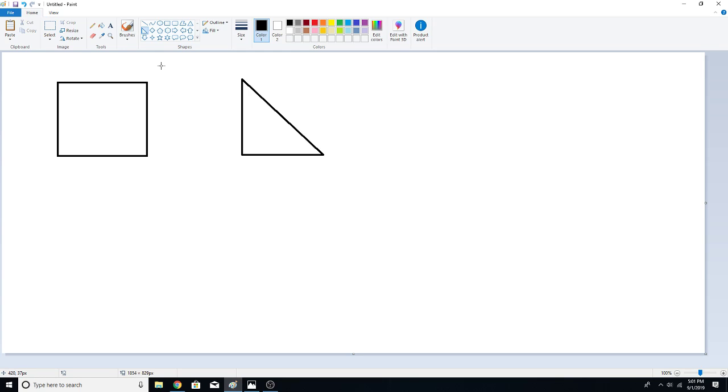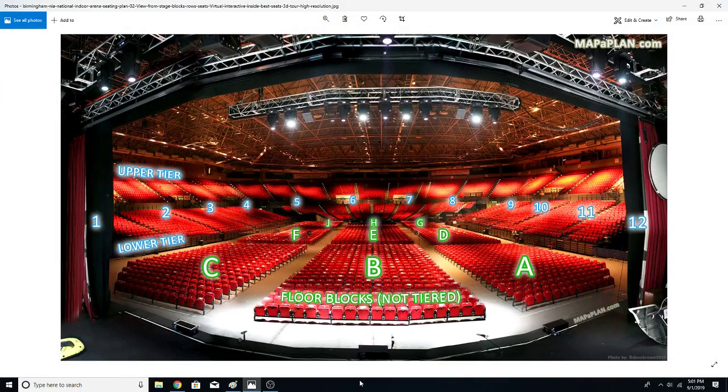Let's take, for example, a real life situation in an assembly hall or an arena. You see how all the chairs are put into, shall we say, a square shape, and all the chairs are equally spaced from one another in terms of the rows and the columns.